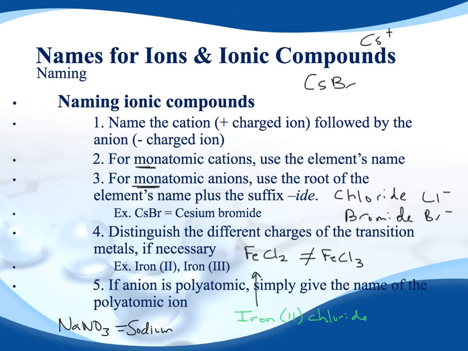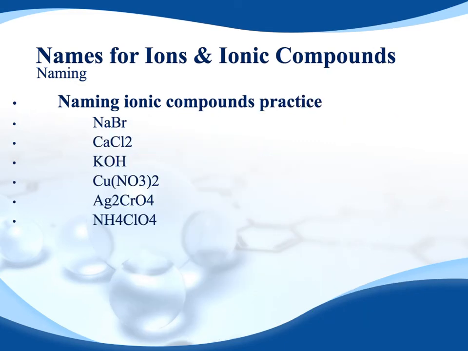NO3 is nitrate, and you'd call that sodium nitrate. So just be sure you follow each of these rules. We're going to do several examples together on the next slide. Let's do some naming. The monatomic cation in the first one, NaBr, is sodium.